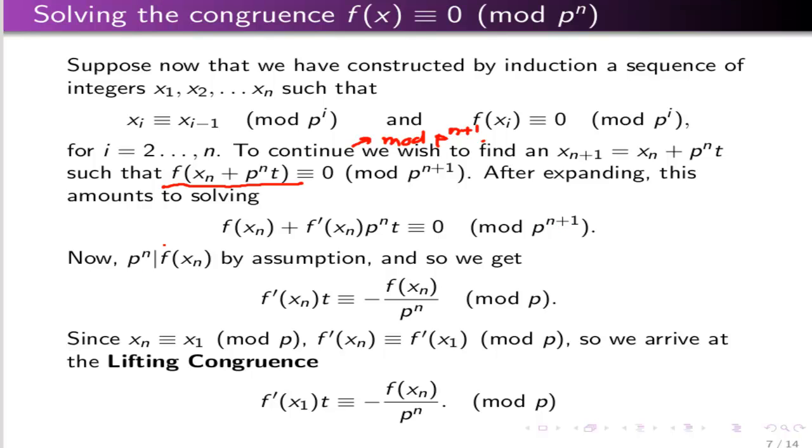Now p to the n is a divisor of f of xn by the assumption that xn is a solution mod p to the n. And so dividing everything through by p to the n, you get this congruence. f prime of xn times t should be congruent to minus f of xn over p to the n mod p. And this is again a linear congruence called the lifting congruence.